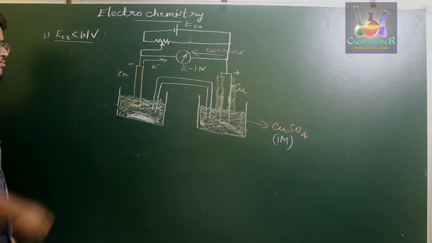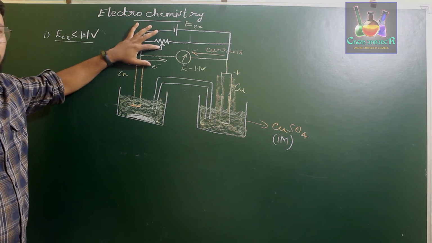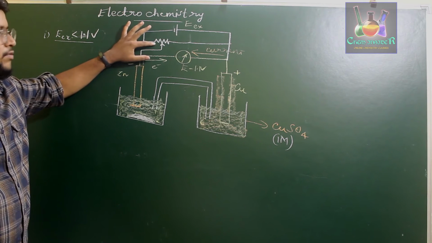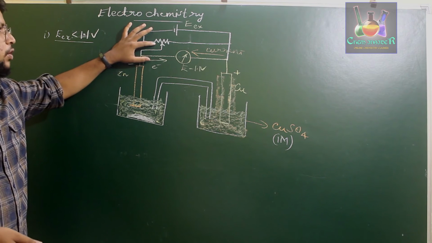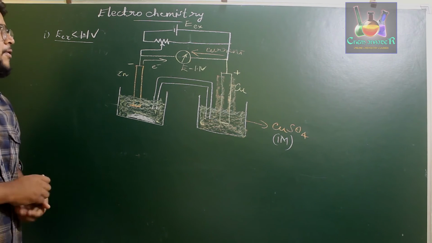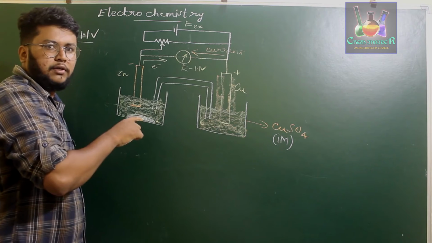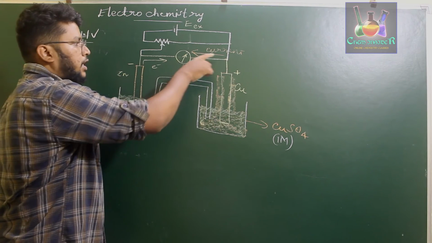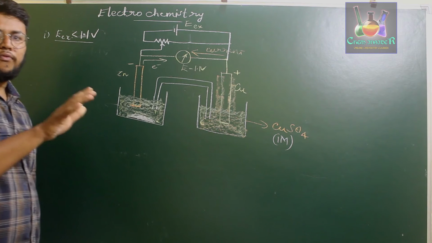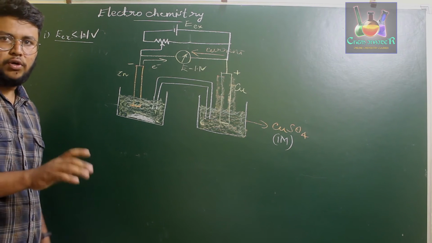So let us say I'm applying an external force here. I'm connecting this negative end on the lower end of this side. So there will be a low current passed. If you observe carefully, the positive end is connected to the positive end. So if you connect this particular electrode with a negative charge, it starts to oppose the flow of electrons.